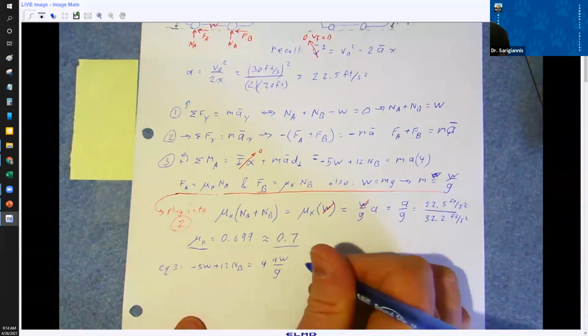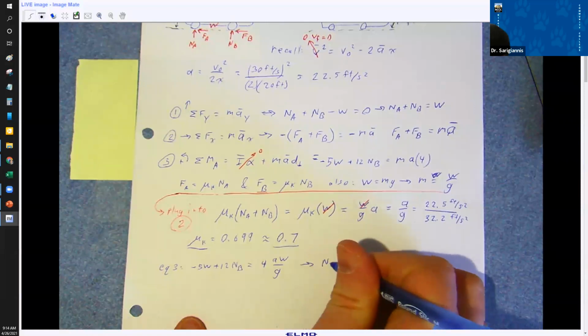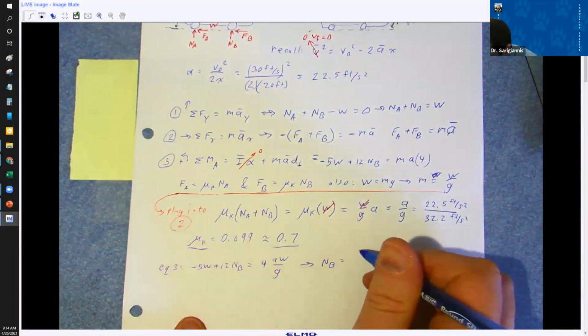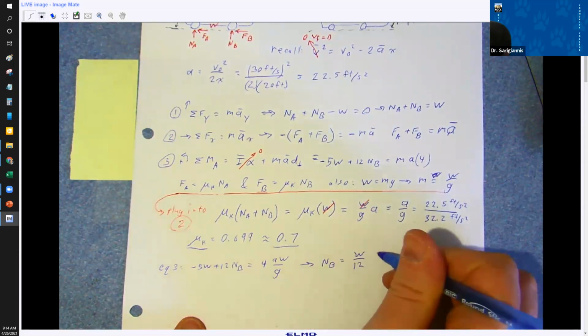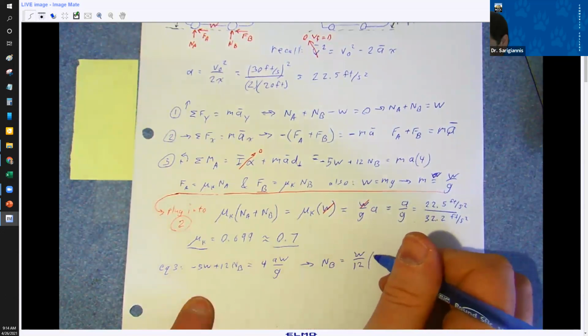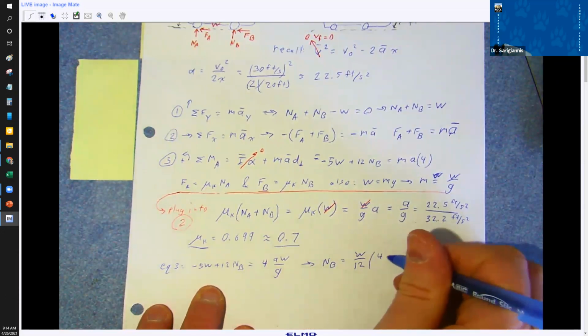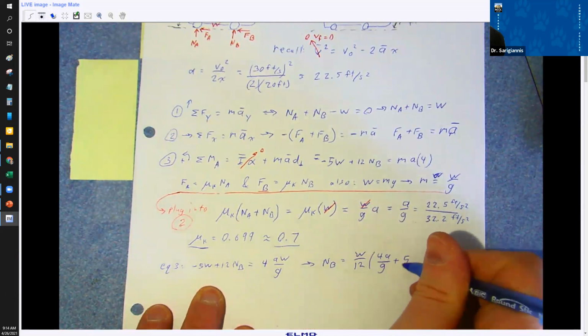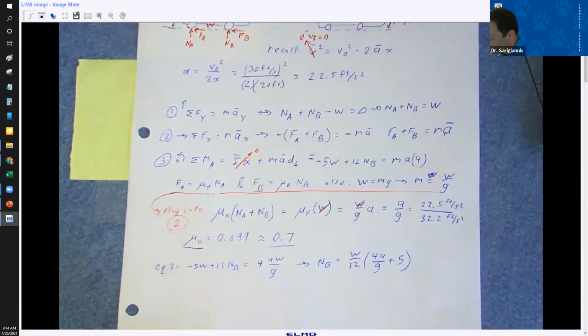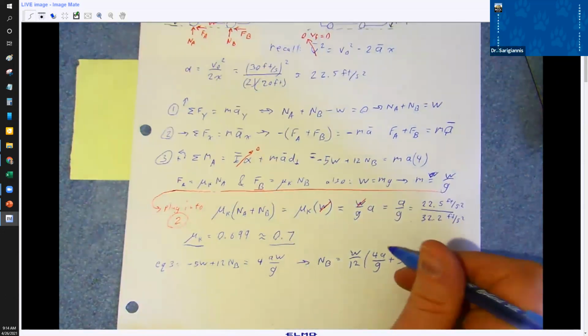NB, you can rearrange this. We're going to have W over 12 times the quantity 4A over G plus 5. Right, weight factors out of the terms. That's an A.